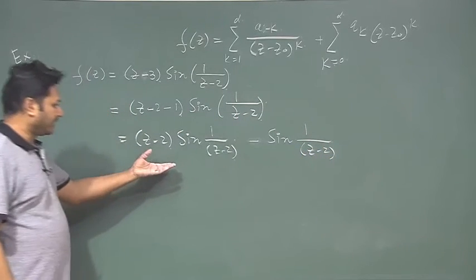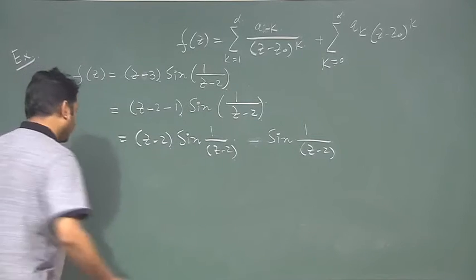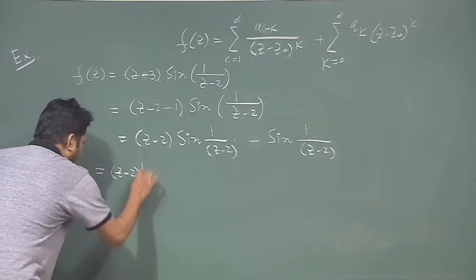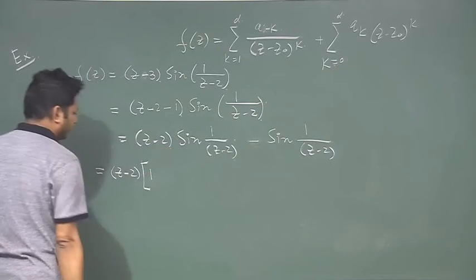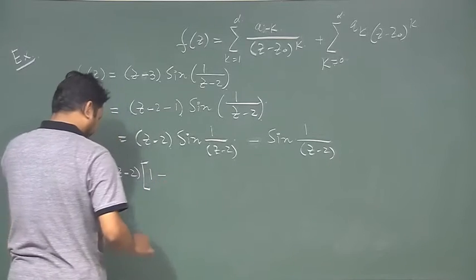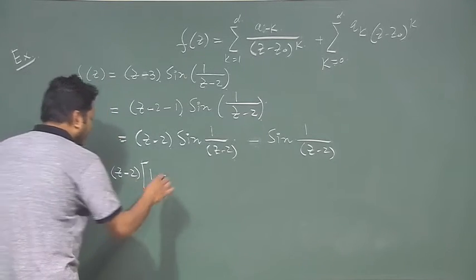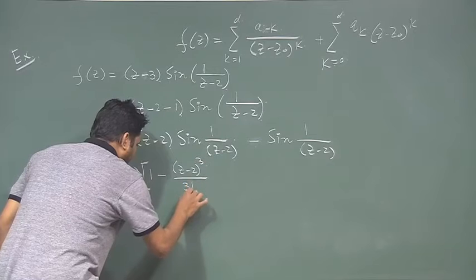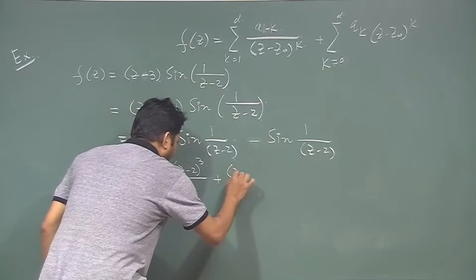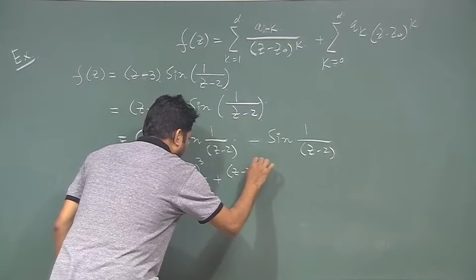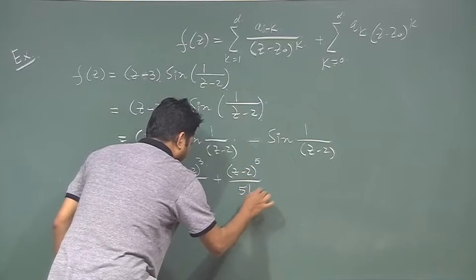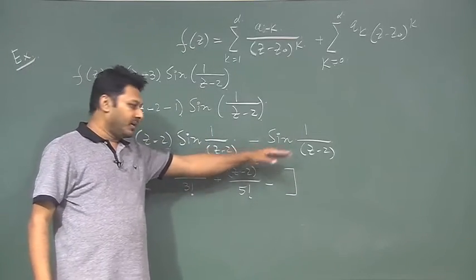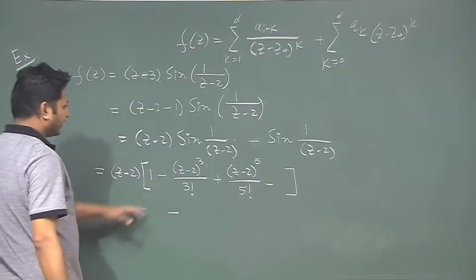Now, if I start expanding this function, the first part will be expanded in this way, z minus 2 multiplied by, the first term is 1 by z minus 2, minus 1 by factorial 3 z minus 2 cube, then plus 1 by factorial 5 z minus 2 to the power 5 and so on.